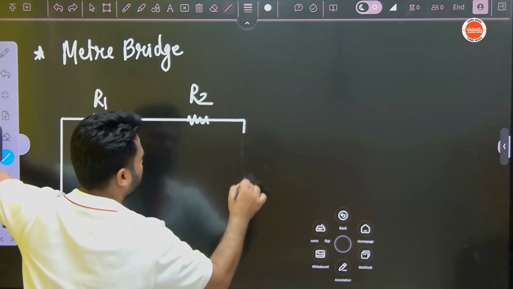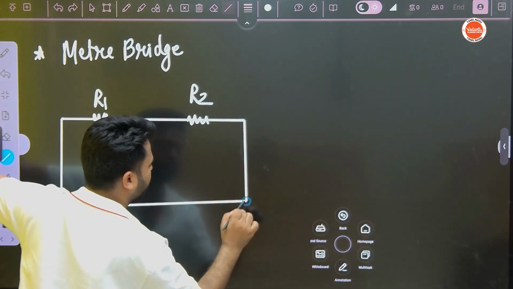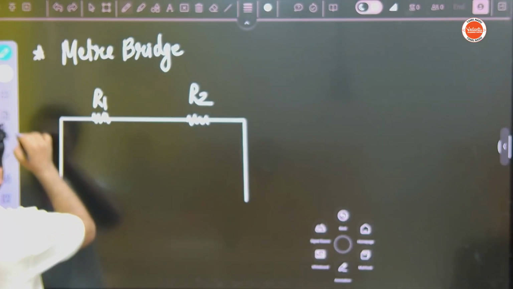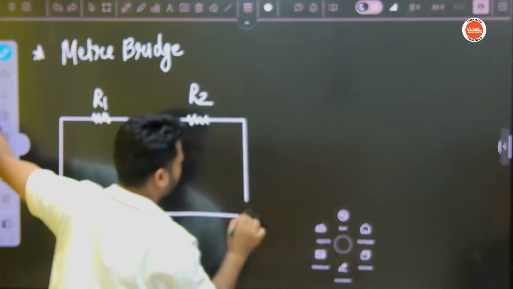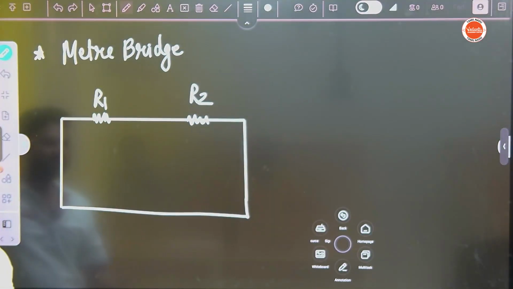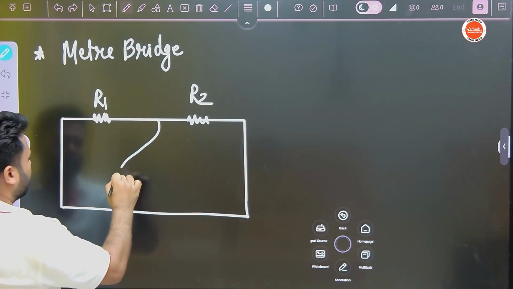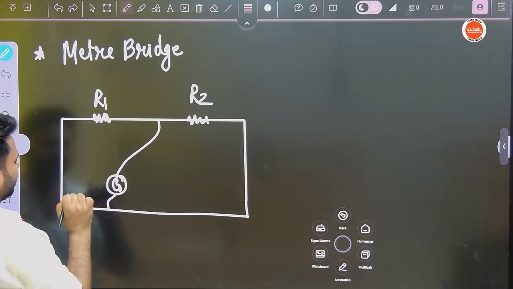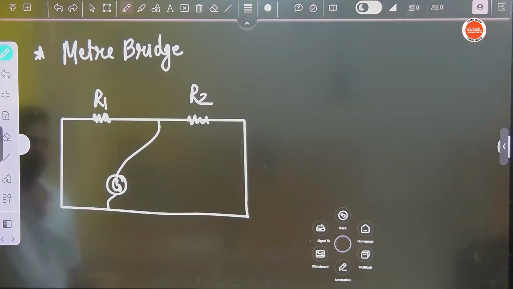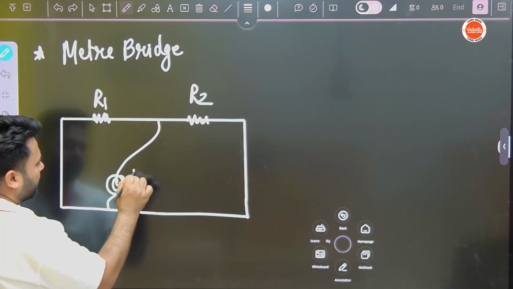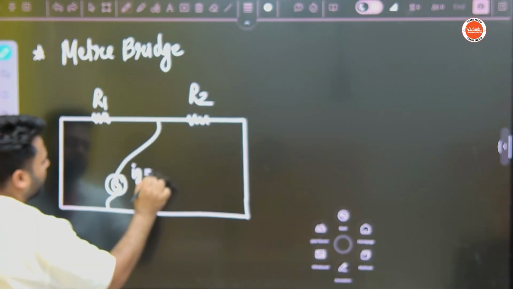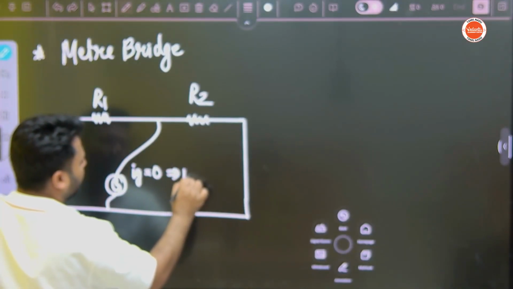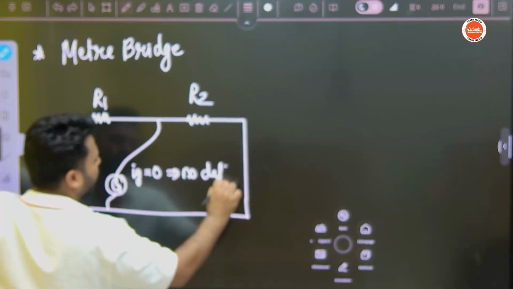Here a wire is there whose length is 100, and there is a galvanometer. Galvanometer detects current. When the current in the galvanometer is zero, or no deflection, they can say anything.